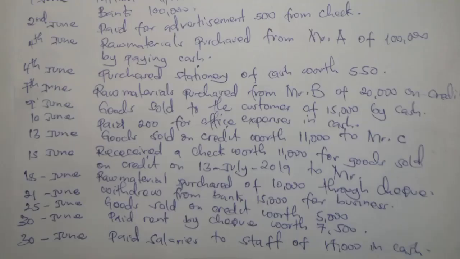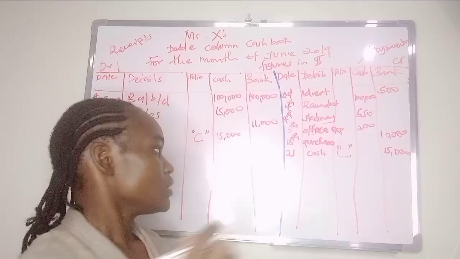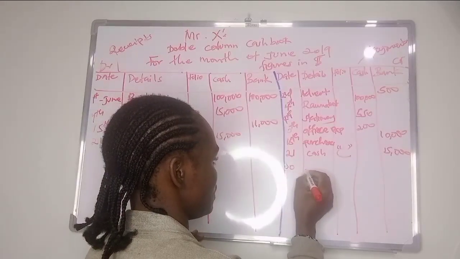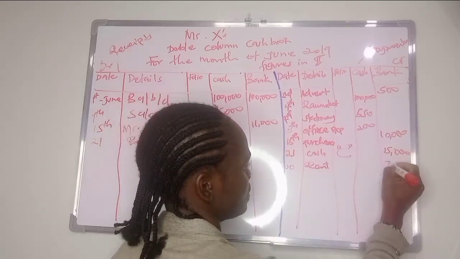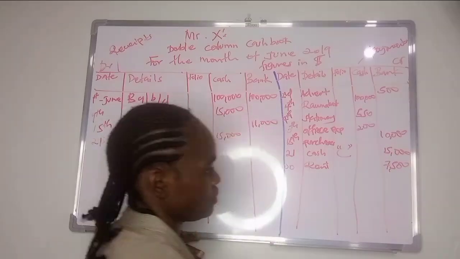Yeah. Then another transaction is a sold goods on credit worth 5,000. So these goods were sold on credit, they are not bringing in any money, so you ignore. Then on 30th June, paid rent by check, 7,500. So paid rent, it is an expense. 30 rent by check, meaning it was paid through the bank, 7,500.